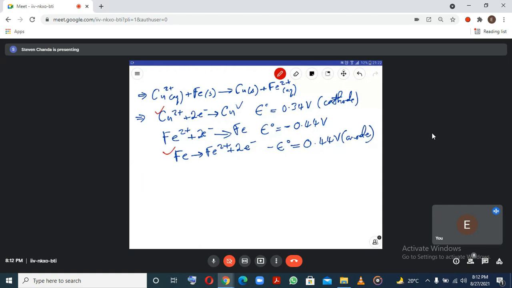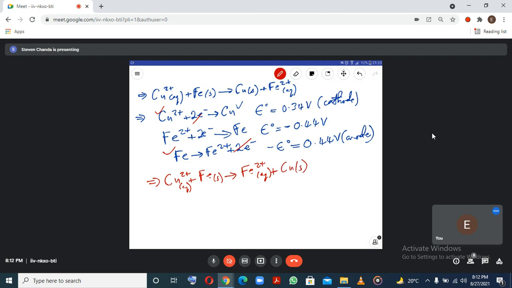You cancel the electrons, and you are going to have that. Of course, put state symbols, and then you're going to have the copper there, right?